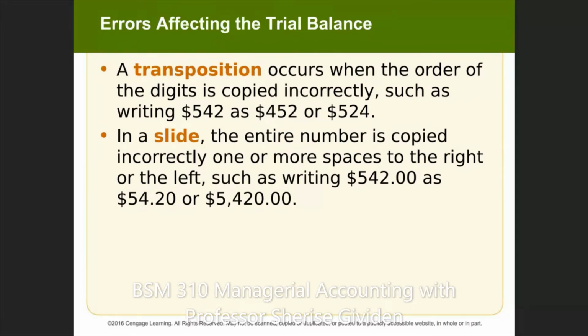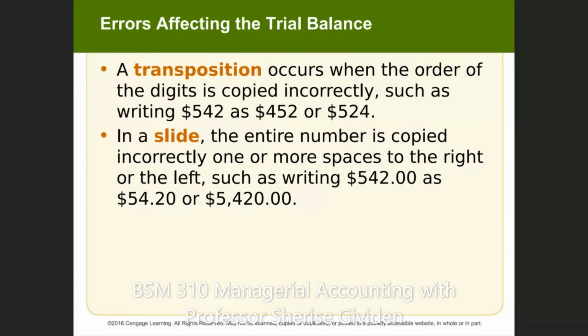And if this is off, then I know I need to look somewhere else. And if you're a manager using that information, or you're a creditor using that information, you definitely want it to be accurate as well, because you're making decisions that could affect the business or your own personal business. So just make sure that your reports are good. Transpositions are probably the biggest error that I've ever seen.